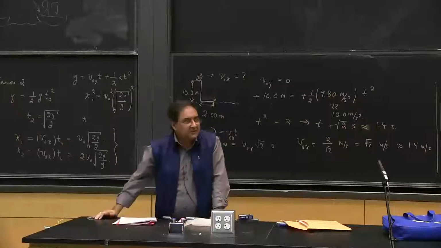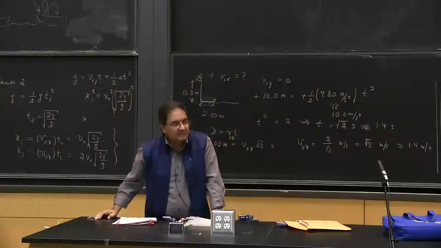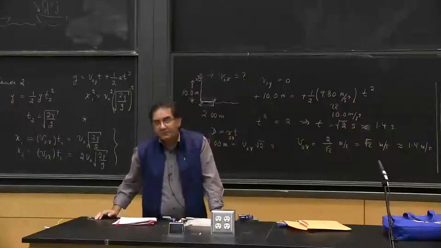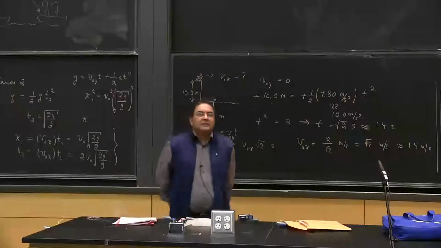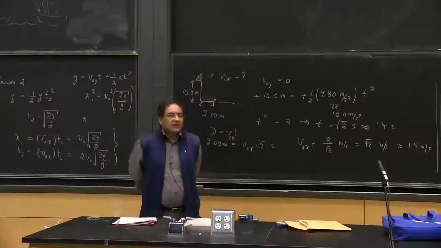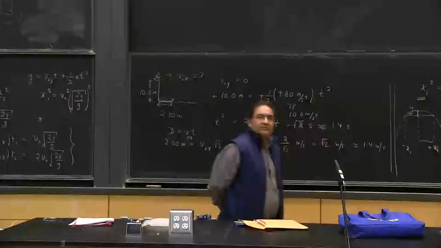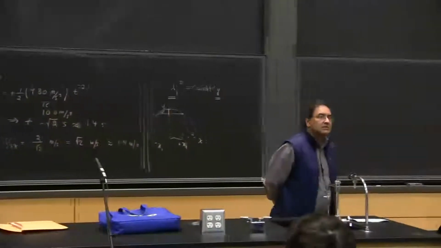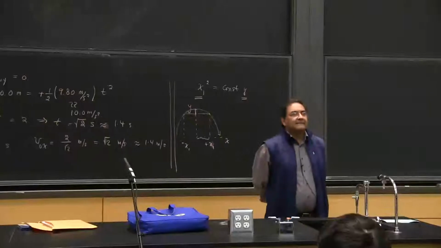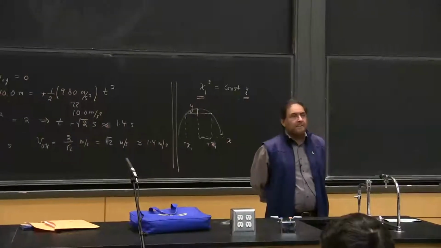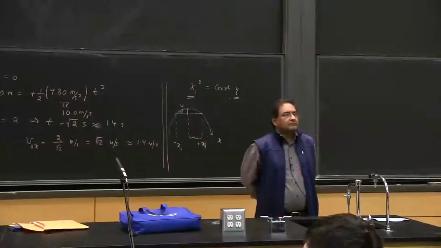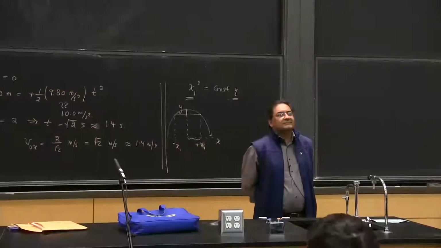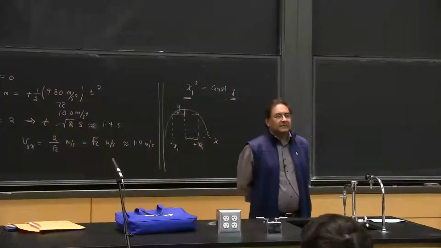What are your variables? You have x, y, v, meaning vx and vy. You have time. You have all these variables. So what variable do you think connects the x and y motion? Time.